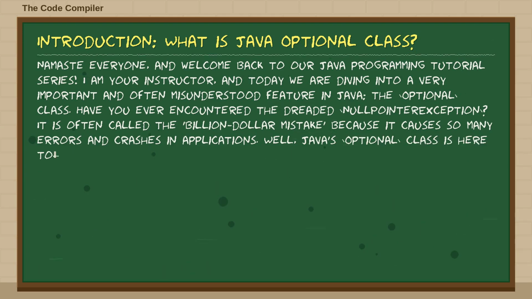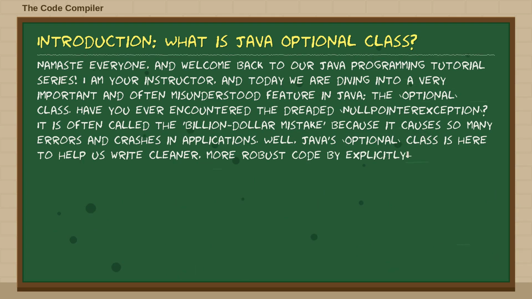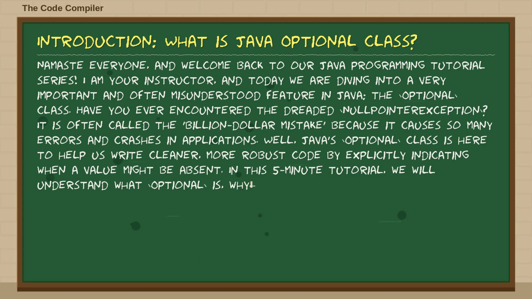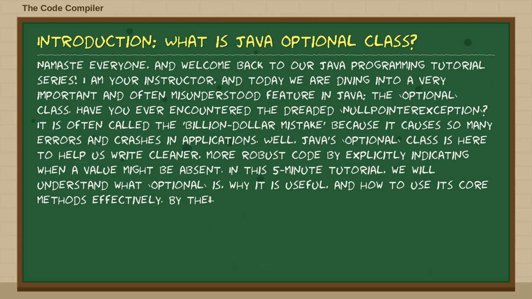Well, Java's Optional class is here to help us write cleaner, more robust code by explicitly indicating when a value might be absent. In this 5-minute tutorial, we will understand what Optional is, why it is useful, and how to use its core methods effectively.